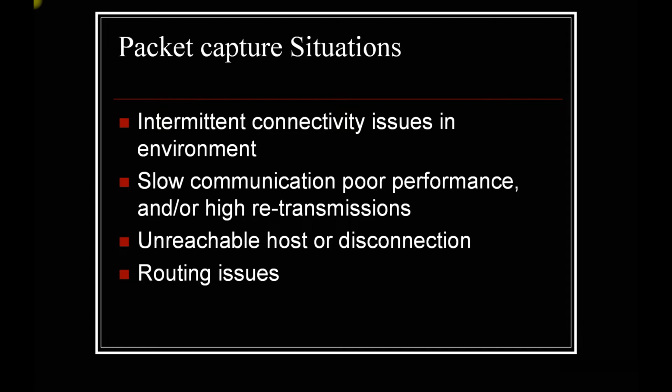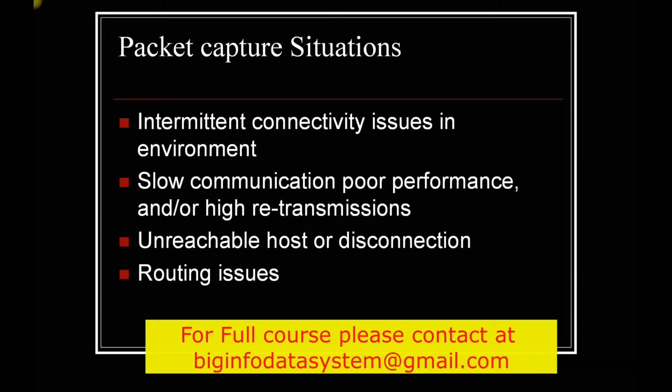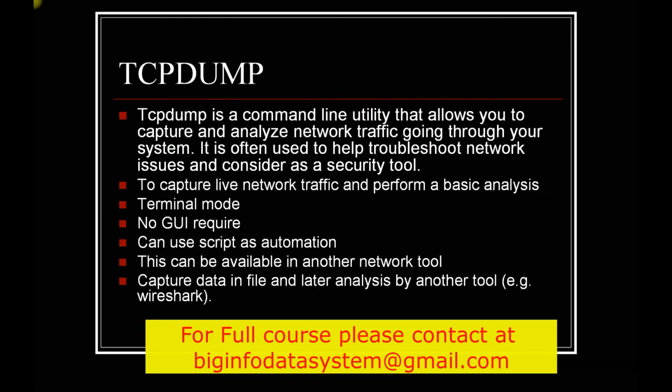Let's say intermittent connectivity: if you are getting an intermittent connectivity issue, sometimes it connects, sometimes it doesn't, why is it happening. Slow communications, where the application or your communication is very slow, a host is not reachable, or a routing issue as well.